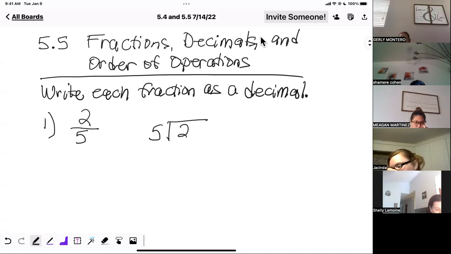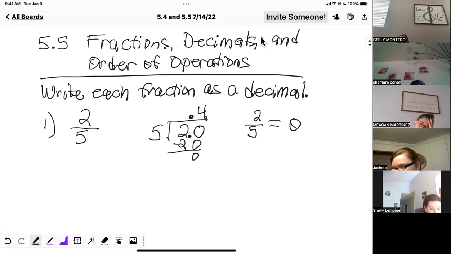And then since 2 ends with a decimal place, I'm going to have to add a 0 to figure this one out, because I know I can't divide 5 into 2, but I can divide 5 into 20. That would be 4, and the decimal place would go here, and then this would be 20, and I have 0 left. So 2/5 is equal to 0.4 as a decimal.